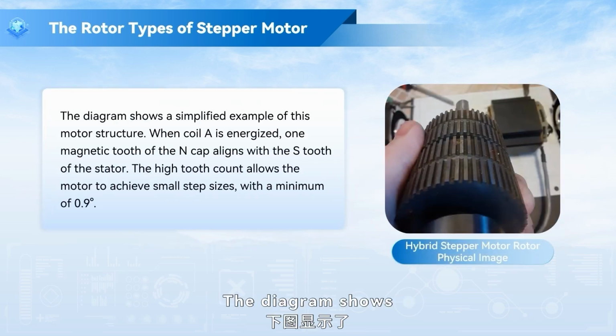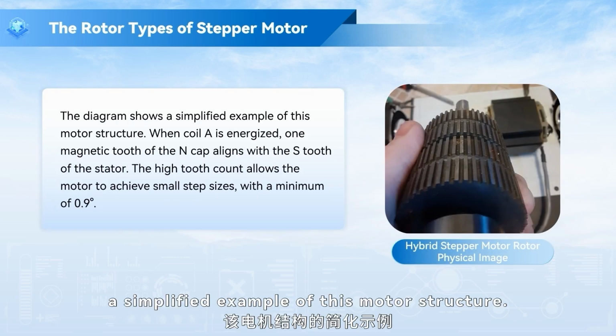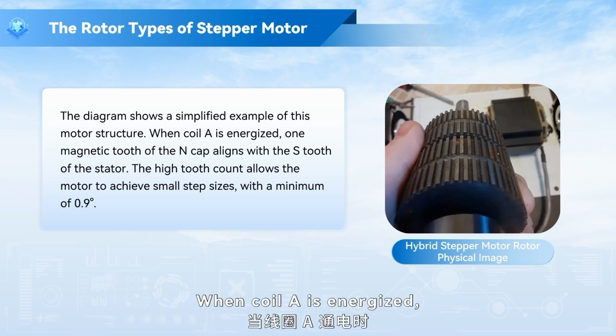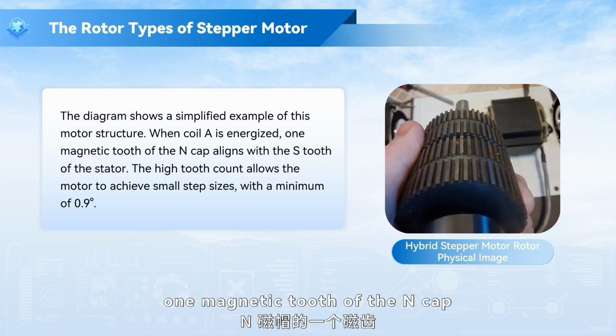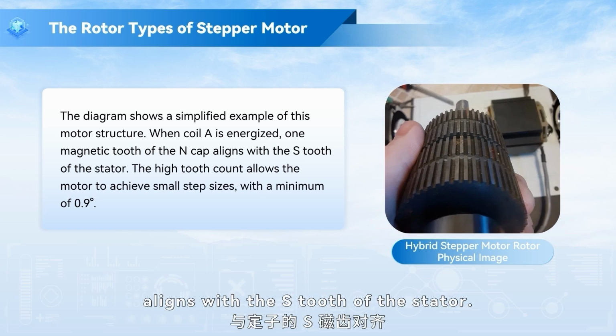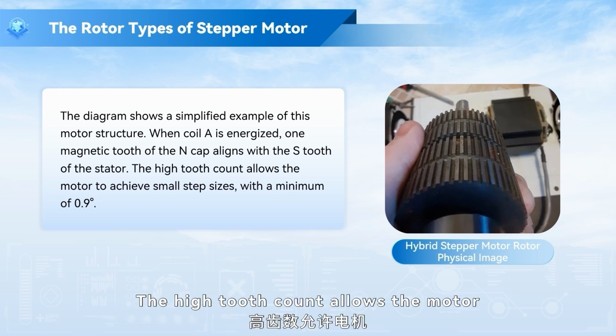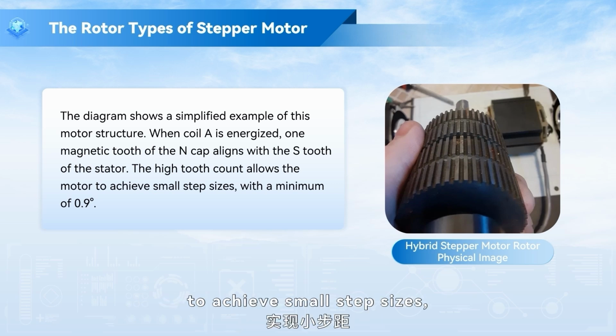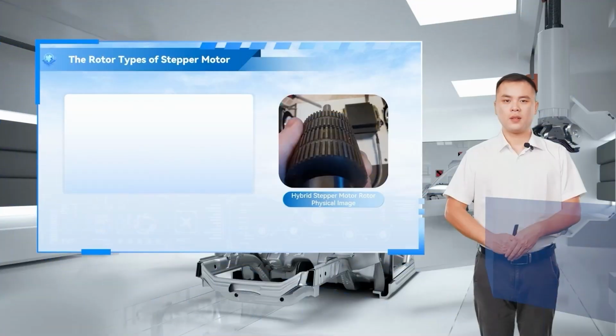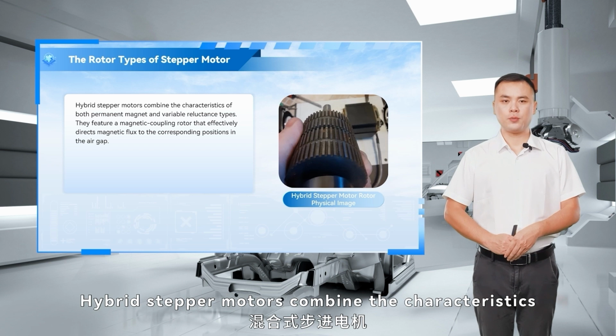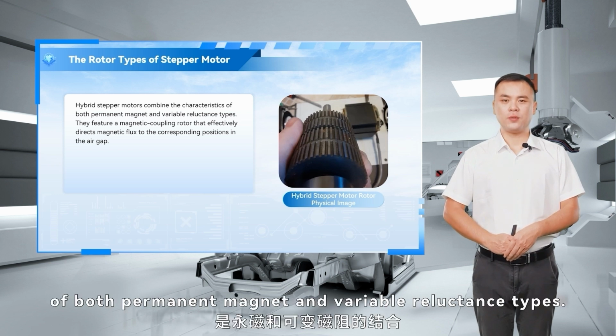The diagram shows a simplified example of this motor structure. When coil A is energized, one magnetic tooth of the end cap aligns with the S tooth of the stator. The high tooth count allows the motor to achieve small step sizes, with a minimum of 0.9 degrees. Hybrid stepper motors combine the characteristics of both permanent magnet and variable reluctance types.